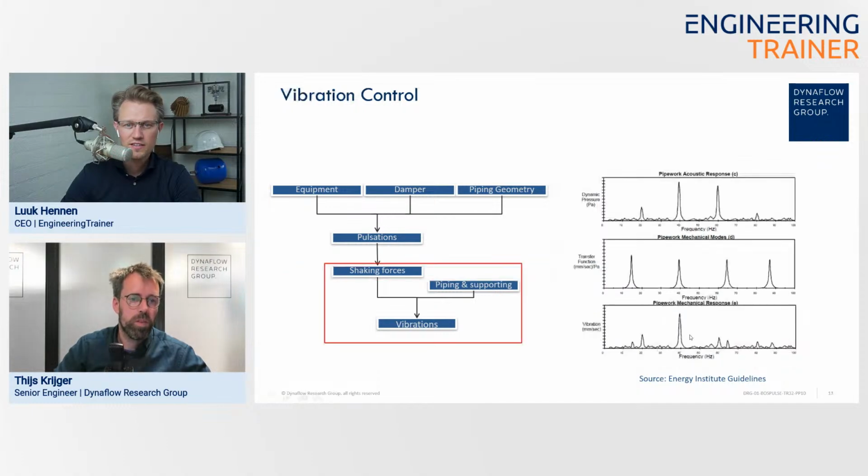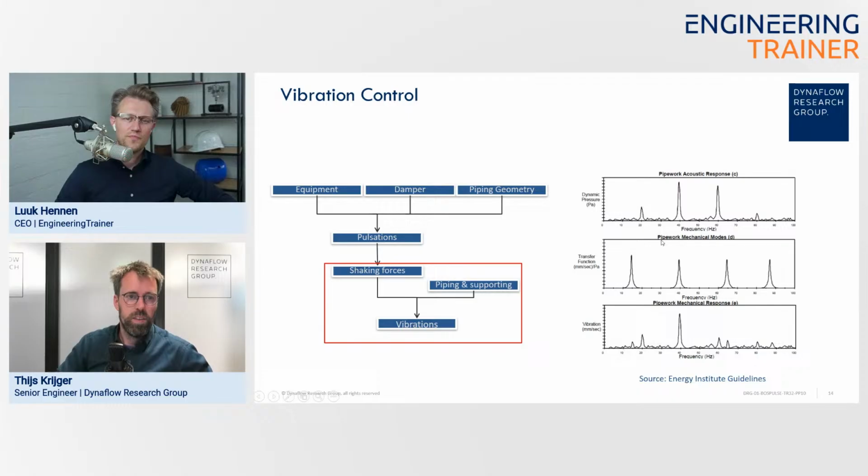So the next step would be to look at this acoustic response, which is going to be an input for my mechanical system. So we have this pipework acoustic response from the previous slide. Then we're going to look at what the mechanical natural frequencies of the system are. And then if there's an overlap between those, that will be the resultant vibration, which is in the end the thing that we want to limit.